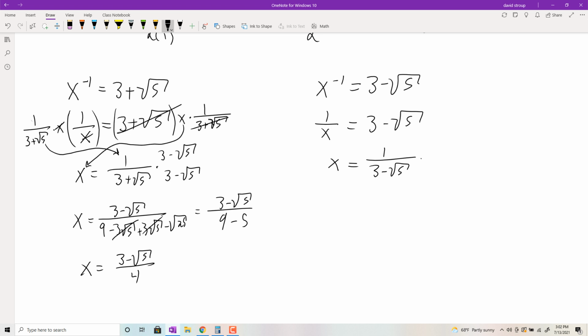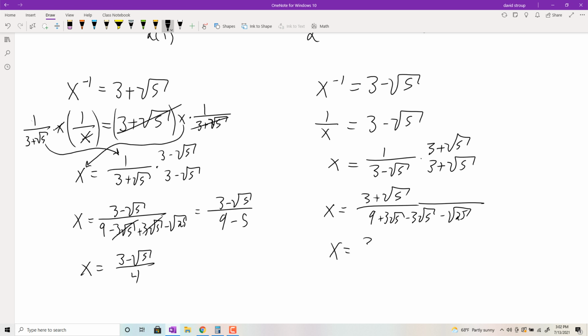And again, you have the same problem where you need to rationalize denominators. So we'd have 9 minus 5 again, and that would be 4.